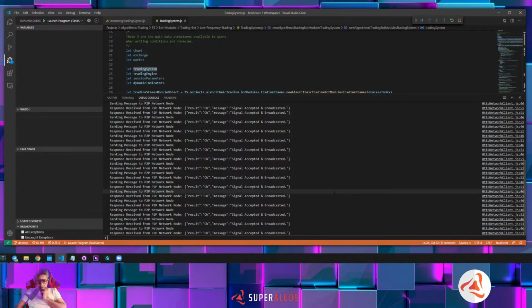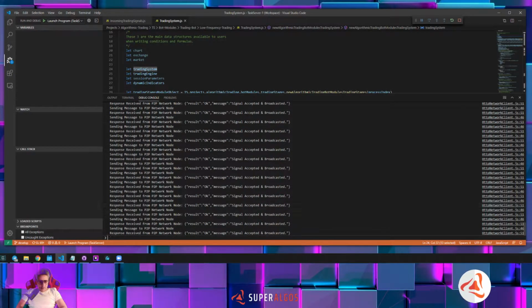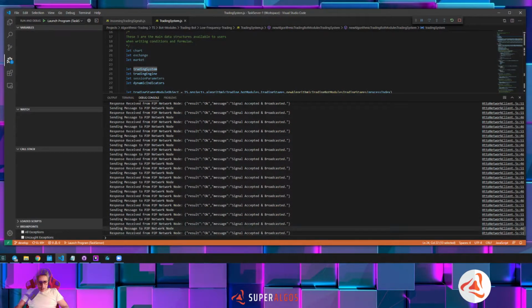Okay, it fixed the problem. Now it's going to iterate probably 1,000 times, 1,440 times. That is the number of minutes in a day. So it's going to send God knows how many signals.